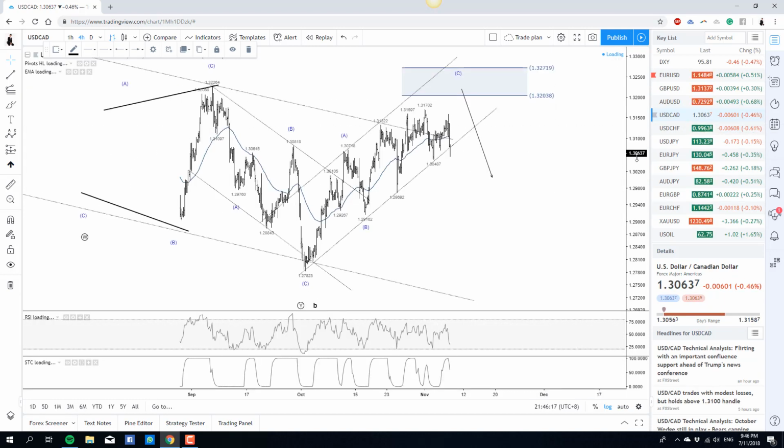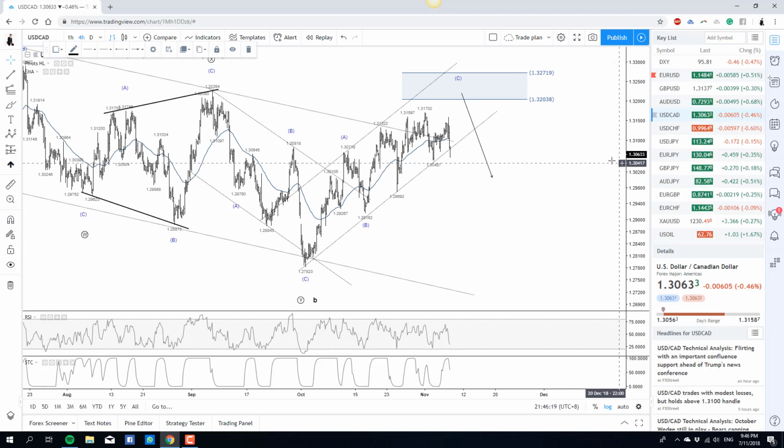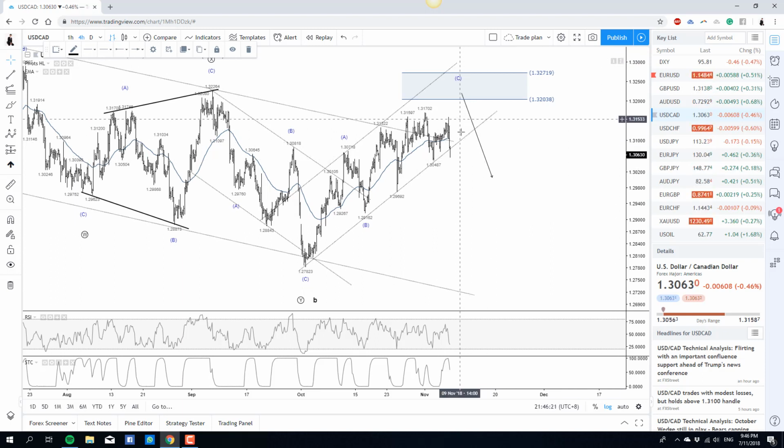Okay, the dollar Canadian, I do expect a push up and then a further drop. At this very moment, we are seeing price breaking this channel. That does not signify that price will definitely drop from here.